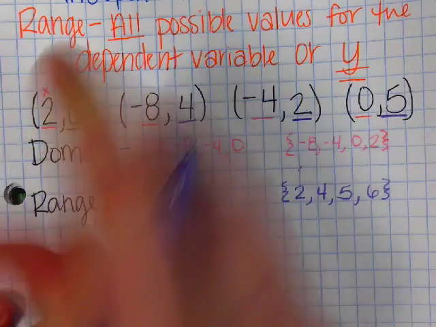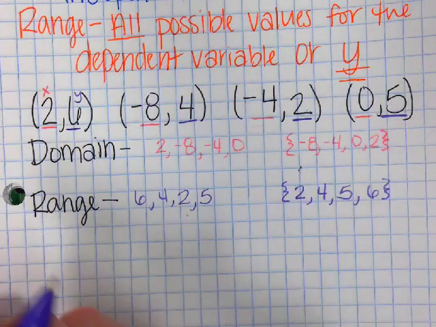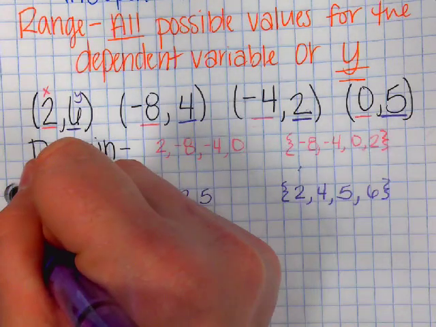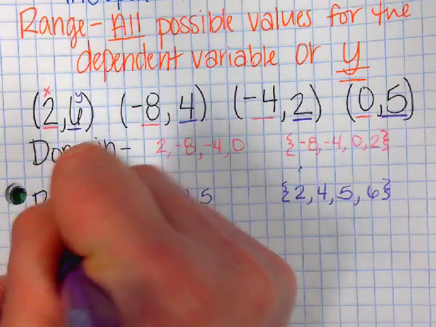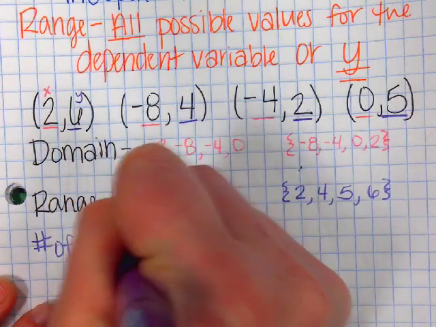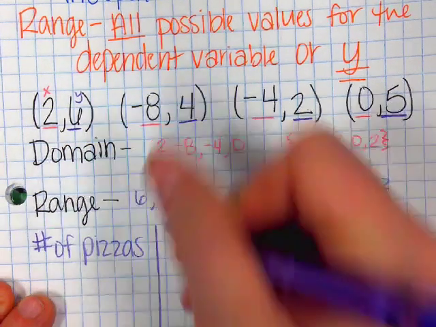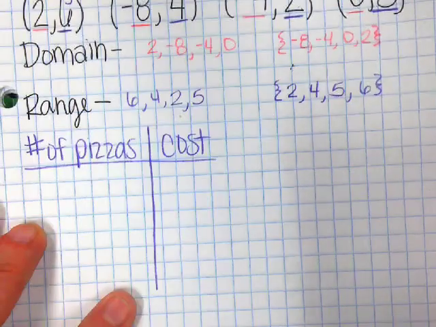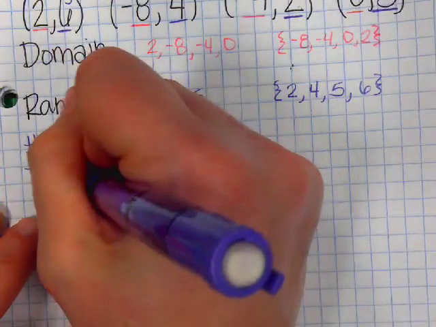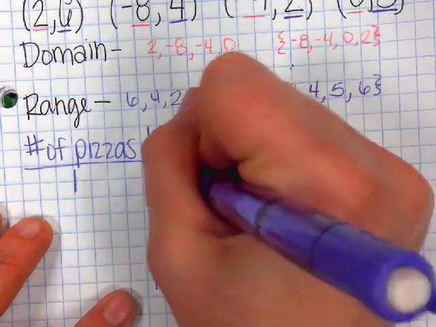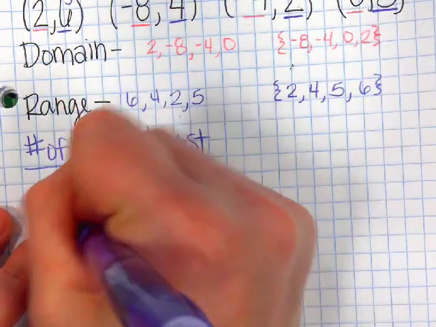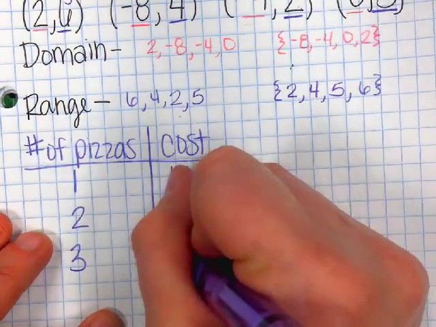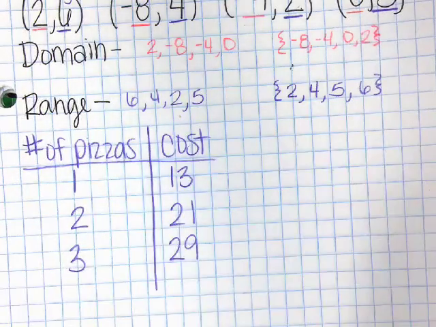Now, if I was talking about a situation, I said number of pizzas and the cost. So if I was talking about number of pizzas and the cost, and I said one pizza was $13, two pizzas are $21, and 3 pizzas are $29.